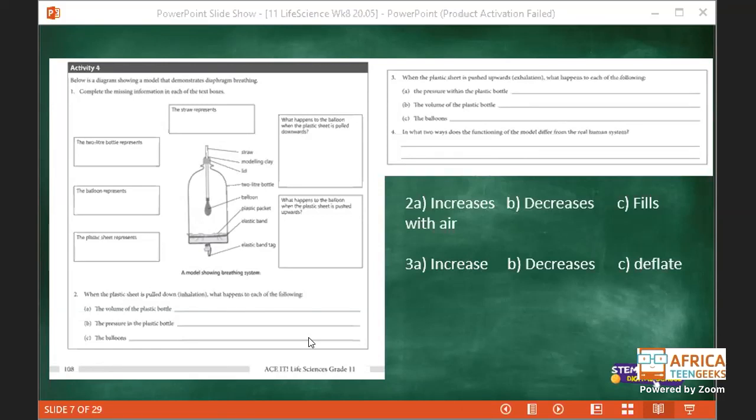It says, in what two ways does the functioning of the model differ from the real human system? Okay, Lisa, did you get that? All right, cool. Okay, guys, send through your answers.